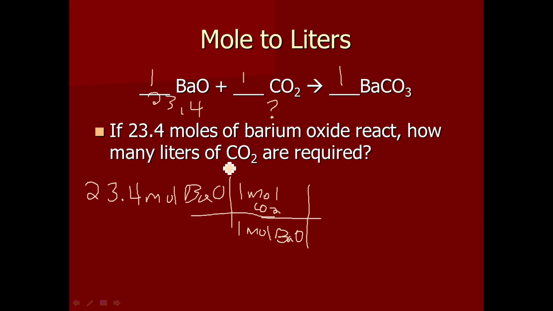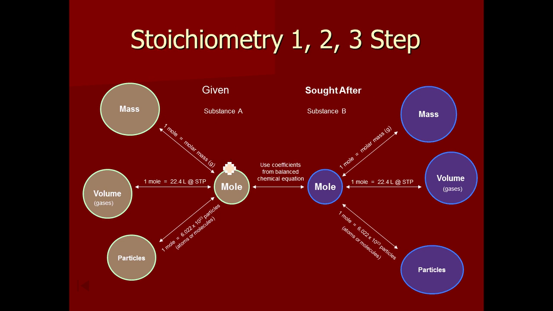Alright, now I'm at the moles that I'm wanting. Was here, now here. The last step is to go from moles to volume. And how I do that is, remember, I put 22.4 over 1 mole.